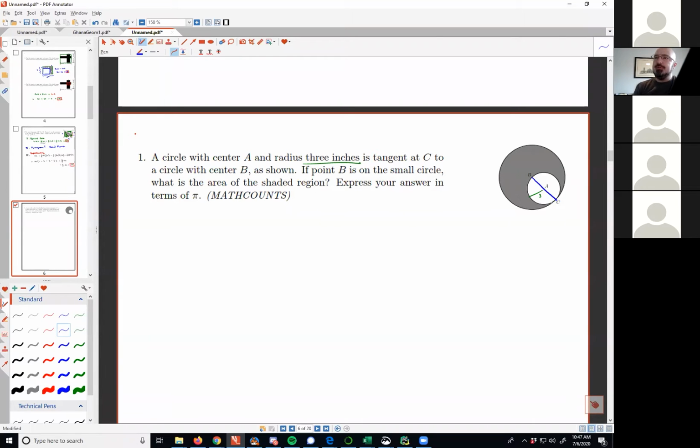So what's the area of the bigger circle? Since area is pi r squared, the radius would be 6, so that would be pi times 6 squared. 36 pi.